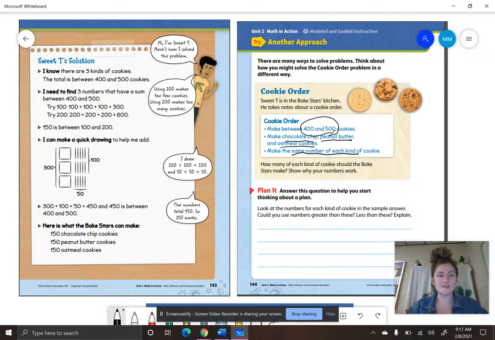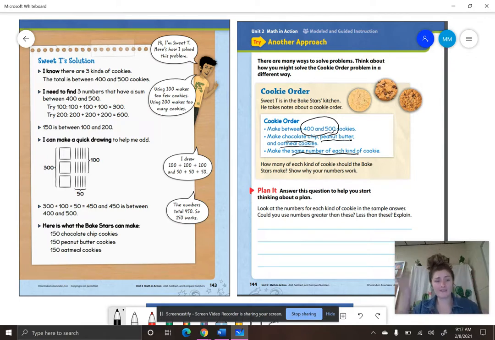So look at what he did. He said there are three numbers that have a sum between 400 and 500. So if he tried to make 100 of each cookie, that would be 100 plus 100 plus 100. 100 chocolate chip, 100 peanut butter, 100 oatmeal. That would be too few.